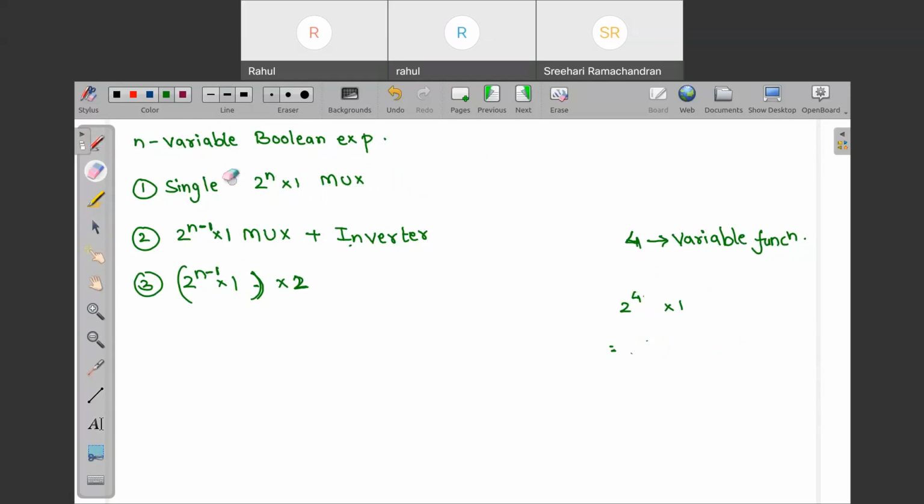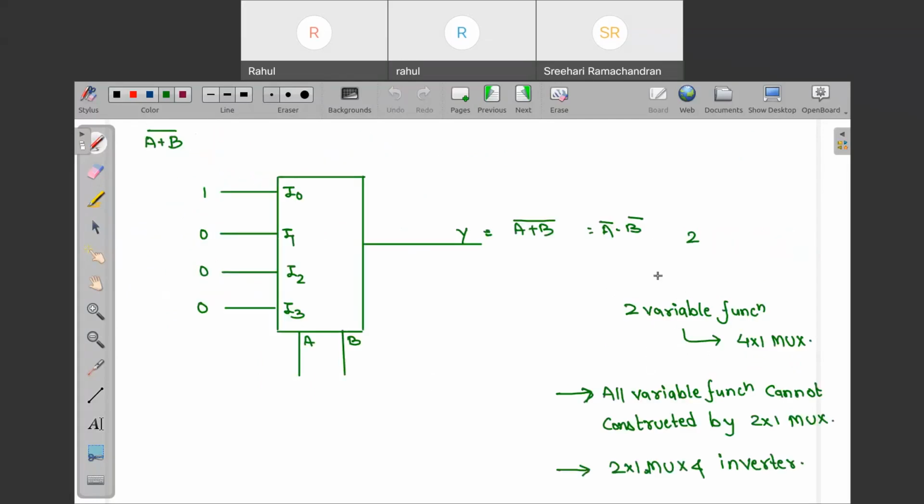So that is what I had proved just now in the last cases, that for all the 2 variable Boolean functions, I require a 4 cross 1 mux. Similarly, a 3 variable function, if I want to implement it using a single mux, that will be done by a 2 to the power 3 cross 1 mux.